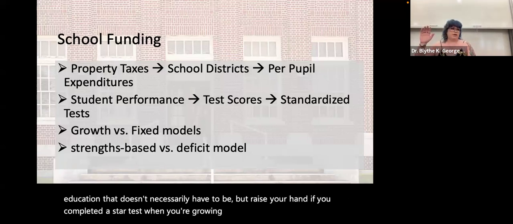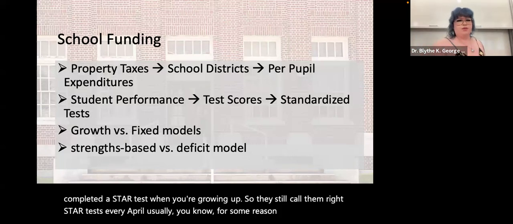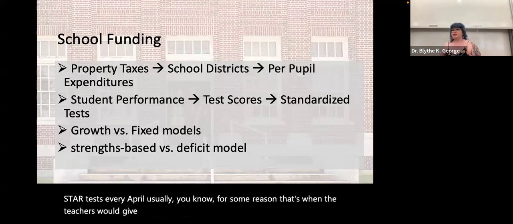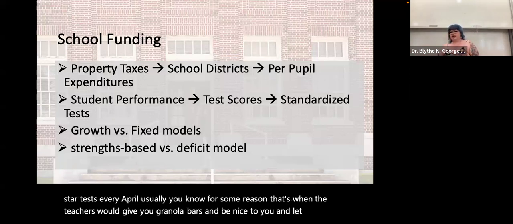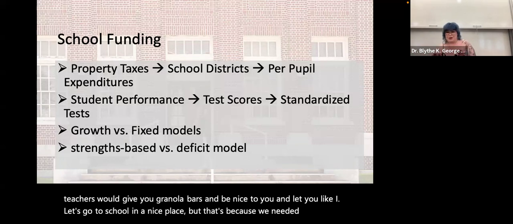That's what they still call them, right? STAR tests every April, usually, for some reason, that's when the teachers would give you granola bars and be nice to you and let you, I guess, go to school in a nice place. But that's because we needed these tests to look real good, right?